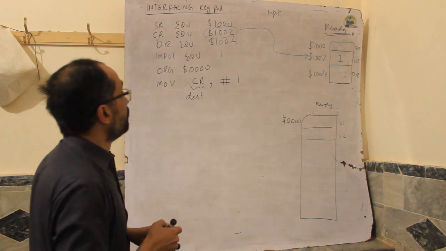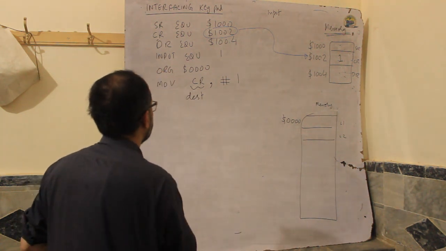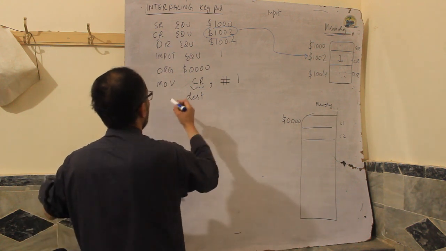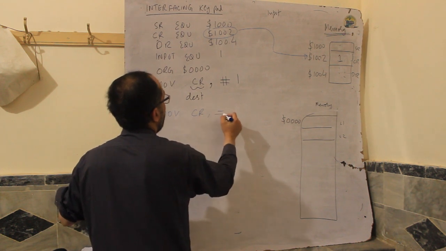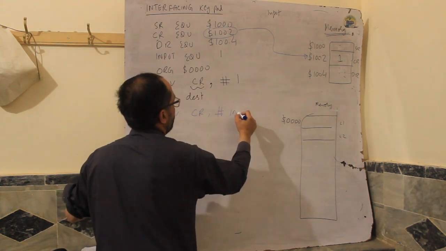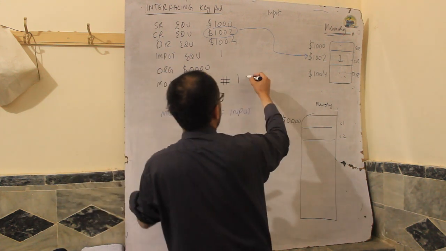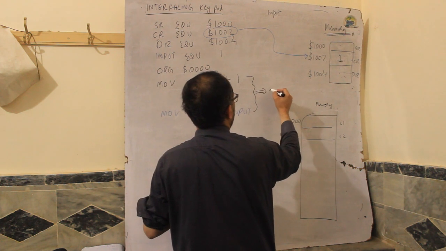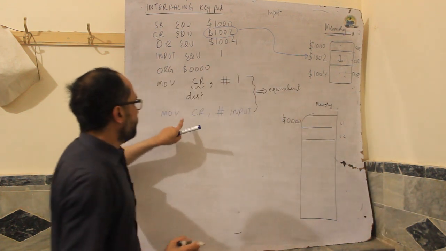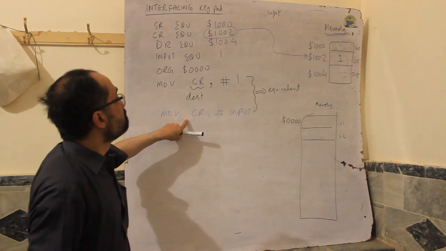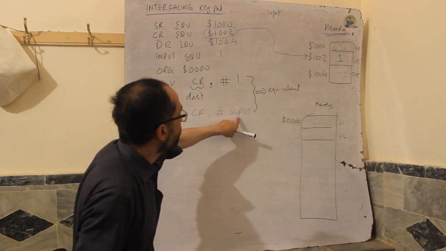Instead of using 1, we can make the program more readable by replacing it like this: move CR, hash input. These two instructions are equivalent, but this instruction is more readable. Why have we used input?